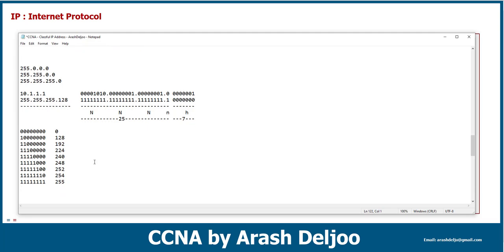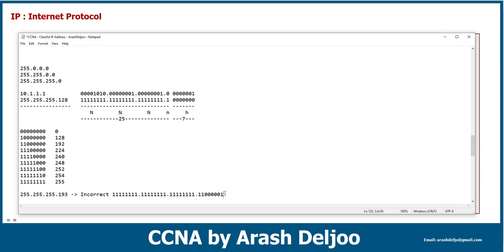Assume that I'm using this value: 255.255.255.193. Okay, this is not correct. This is incorrect. Let me talk about that. Look at here. This is 11111111 dot, again 11111111, again 11111111. After that 193 is 11000001.